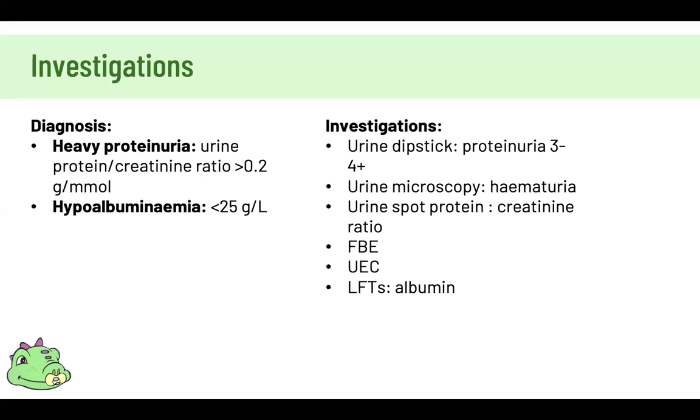The investigations to do, you can do a dipstick, which would show very high proteinuria, so 3 to 4 plus probably. Urine microscopy would probably show some hematuria as well, just coexisting. You'd have to do, as we just talked about, a urine spot protein creatinine ratio, and then just your basic bloods, FBEs, UECs, and LFTs, including albumin.